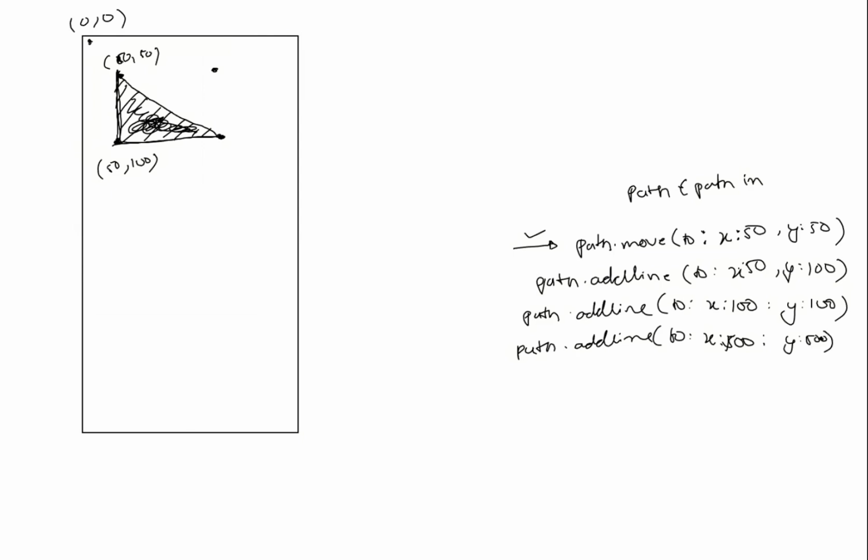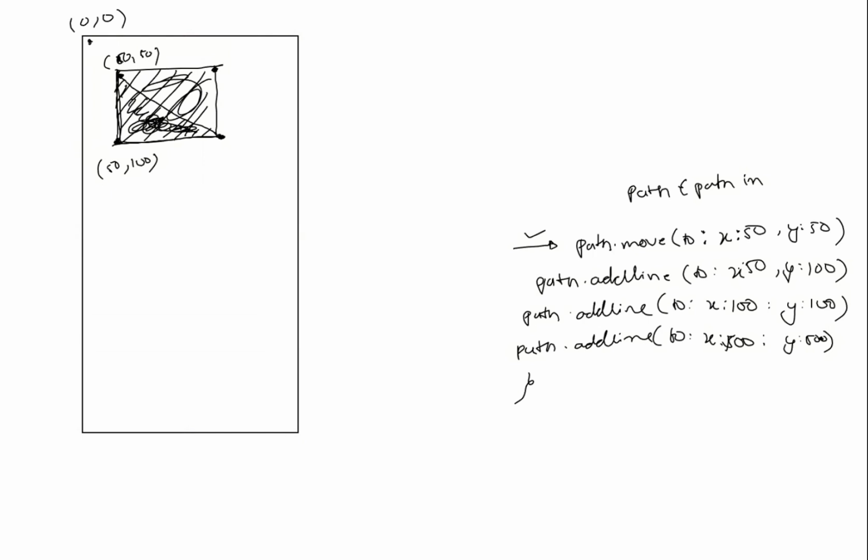So you will end up somewhere here, and as you end up here, your whole rectangle is connected and you get a full rectangle. This is how you can create shapes in SwiftUI, and it's very easy to do. This rectangle is very easy to create.